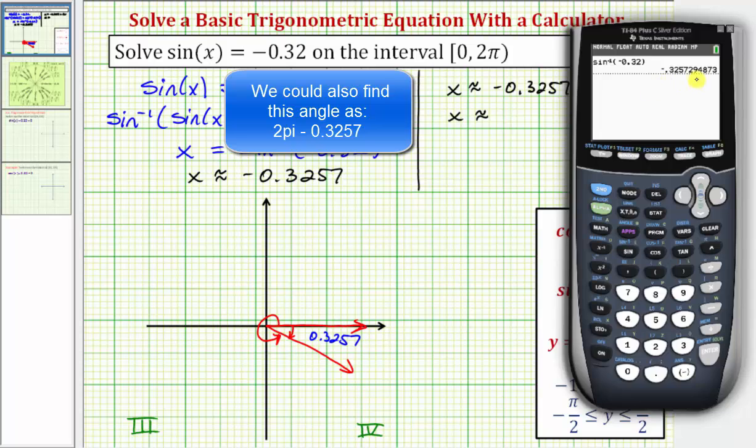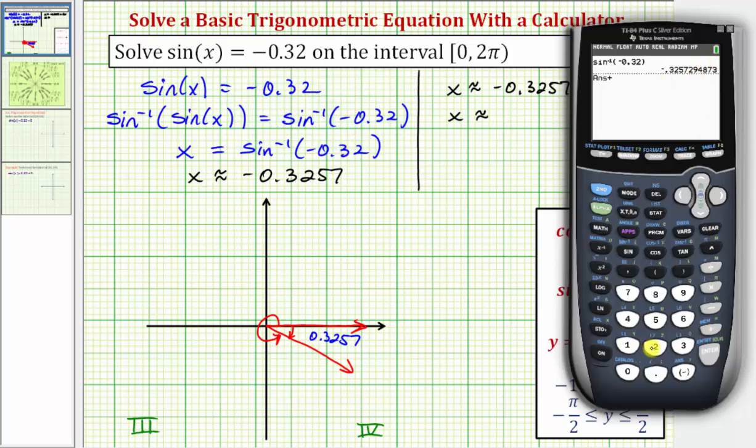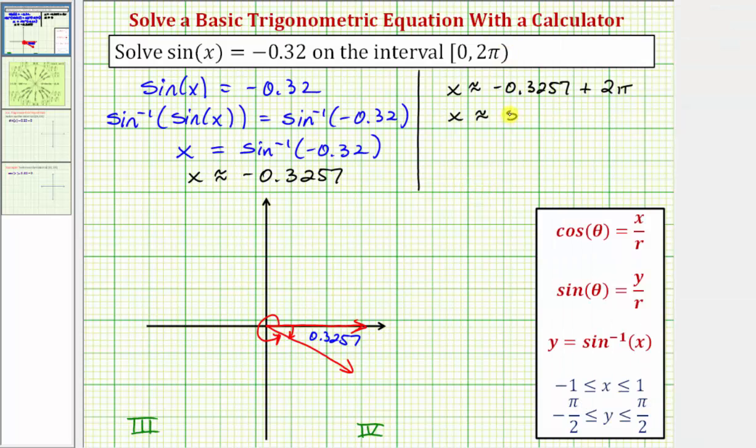Because we still have this negative angle in our calculator, we can just press plus and then 2 pi, enter. So the angle we're looking for in the given interval in the fourth quadrant would be approximately 5.9575 radians. So this is one solution to the given equation in the given interval.